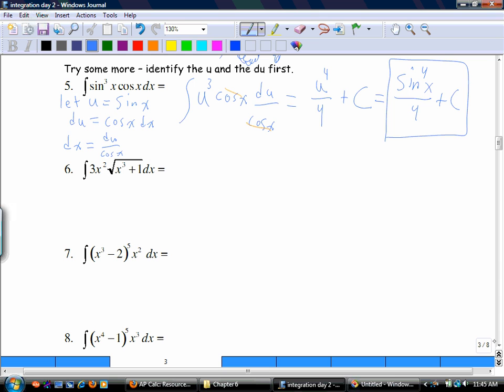Is there a more specific way of finding which one to let equal u? Most of the time it's the thing that's in brackets, or the thing that's kind of more complex. Generally the thing inside brackets. So for this one here, what do you think you're going to let u equal?